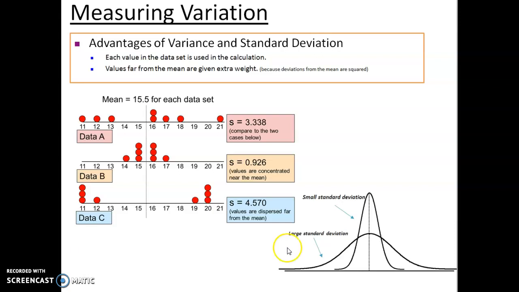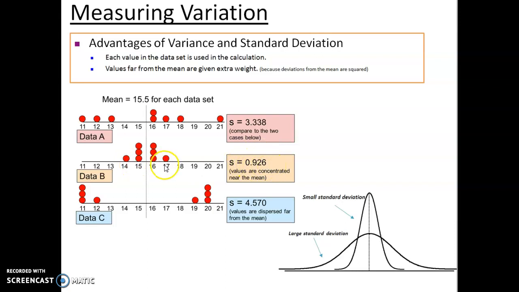Previously, we looked at these bell curves to see how the standard deviation and variation differ between data sets. Okay, but now we have numerical measurements to do this. For example, if we calculate the standard deviation of data sets A, B, and C, it becomes very clear that B has the lowest standard deviation.